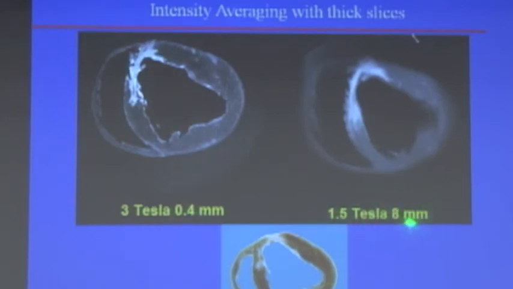But in the 1.5 Tesla with 8 millimeter slices, a lot of this area looks gray. And in fact, this would be the heterogeneous zone. So all it's doing probably is smearing it out and making it look more uniform, but still gray. Still, the signal intensity here is less than it is here. So in fact, it's probably giving us a true depiction of the gray zone, just not with quite the accuracy that you'd see in these finer images.